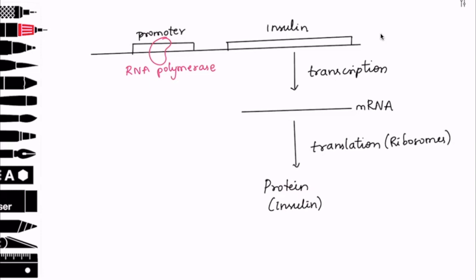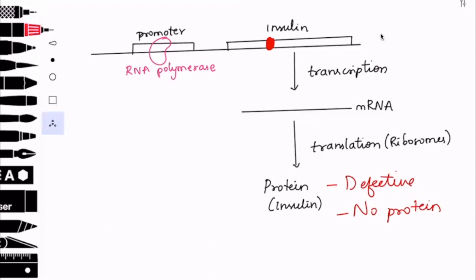So here, if there is a mutation in the functional gene itself, let's say the mutation is here, what happens if the gene itself is mutated? Either the protein that is produced will be defective, or there will be no protein produced at all.